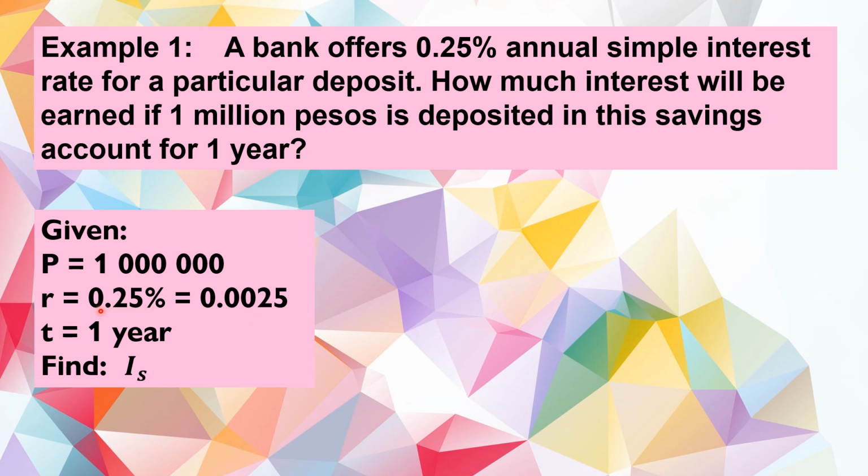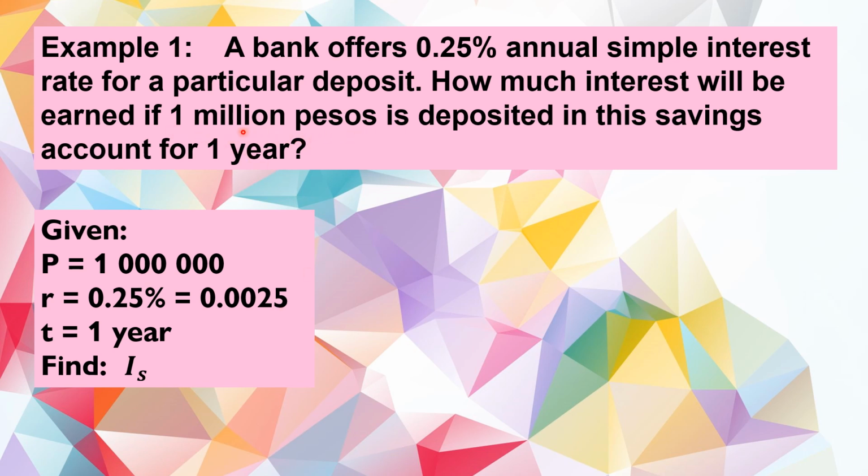So, to convert this 0.25% into decimal, we just move the decimal point twice to the left. From this point, 1, 2. So we have now 0.0025.